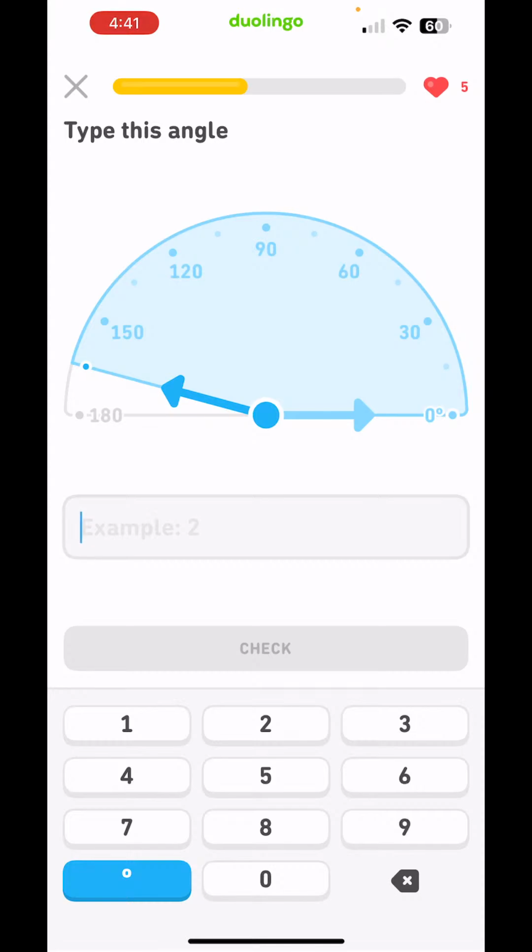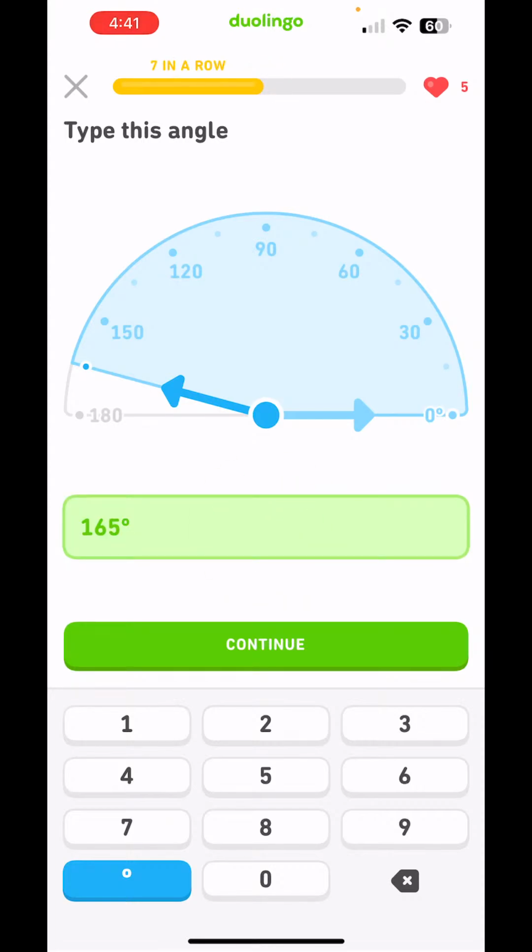Comedy Calculations says 165. Okay. I don't know. I feel like it's 165 too. I think because I'm not sure if it's counting by 15. So it's like 15, 30, 45. I'm not sure. Okay, Christy says 165. Okay, let's do 165 degrees. Let's see. That was right.